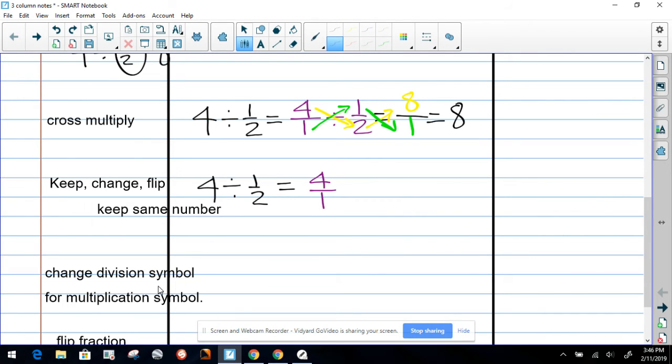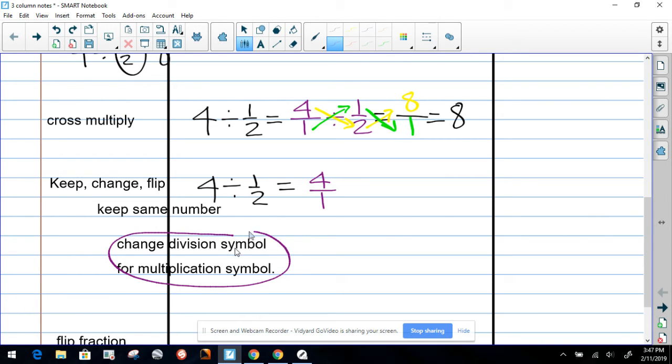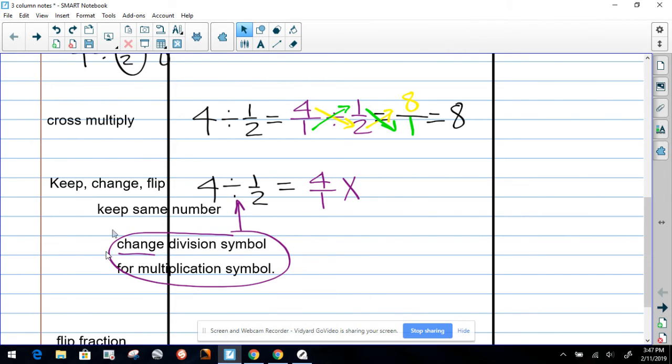Now we're going to change the division symbol to a multiplication symbol. So that is the change. So that's when we say keep, change, flip. And the next one says flip fraction.